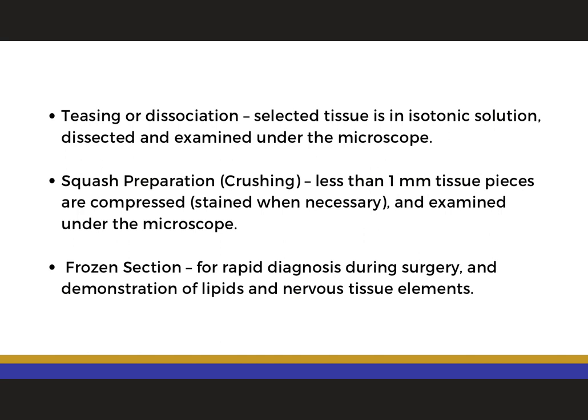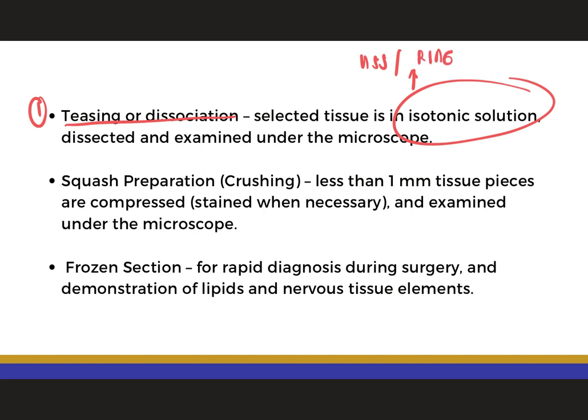So now let's go through the different methods of fresh tissue examination, and the first one is your teasing or dissociation. So in here, your selected tissue specimen is being immersed in a watch glass containing your isotonic salt solution. Examples of your isotonic salt solution are your NSS or normal saline solution and your Ringer's solution.